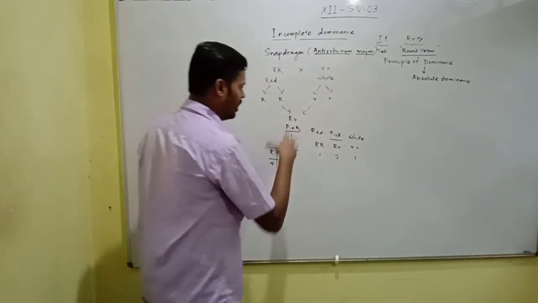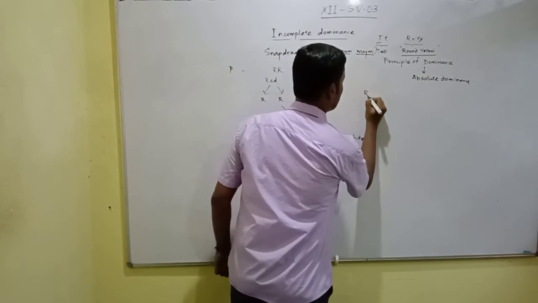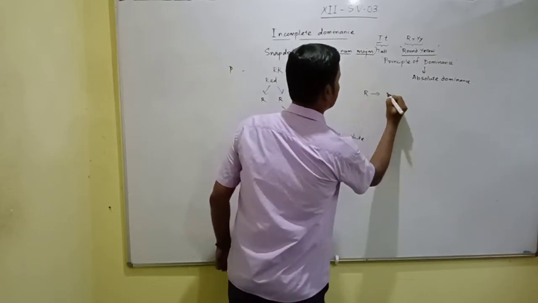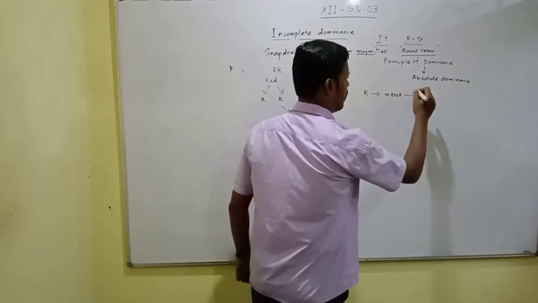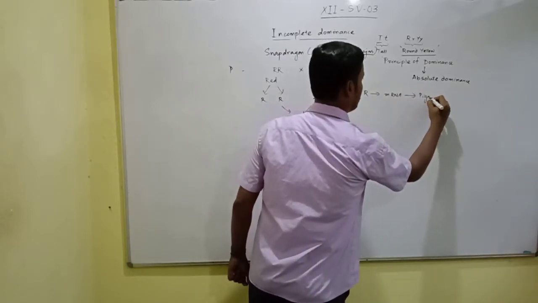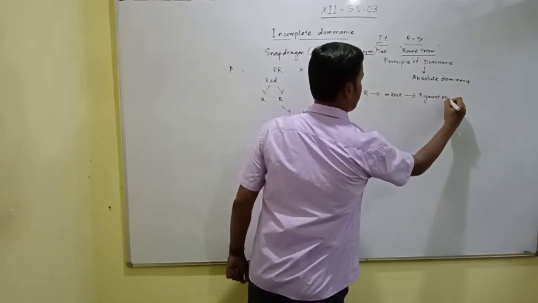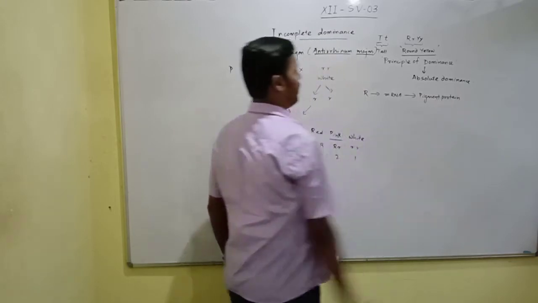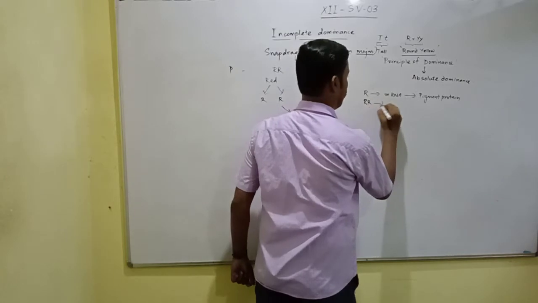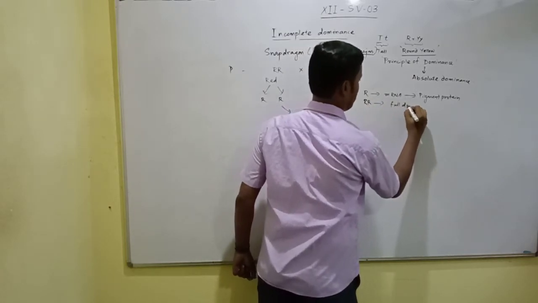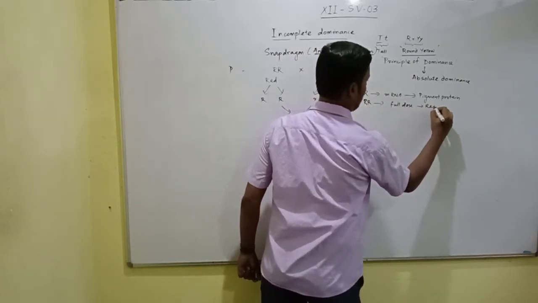So how is incomplete dominance explained? Suppose your R gene will produce an mRNA, and that mRNA will produce a pigment protein. When RR, full dose, so red.